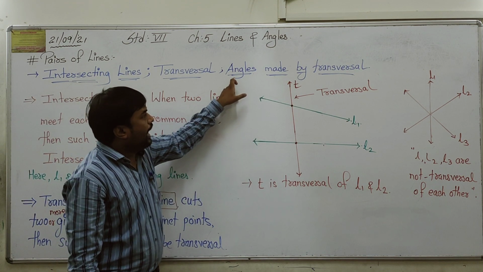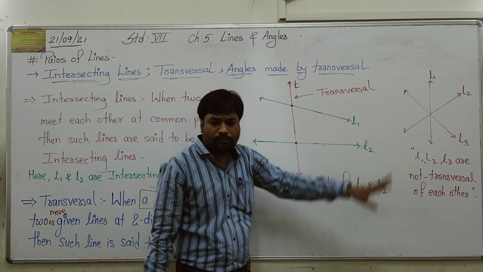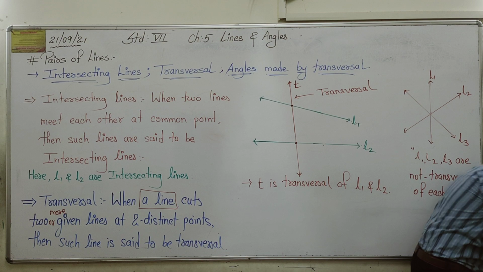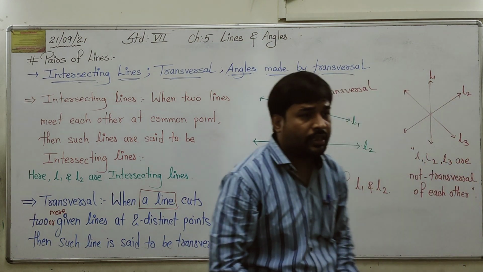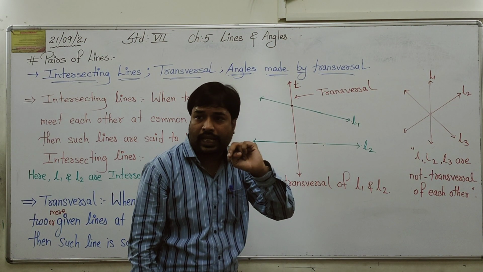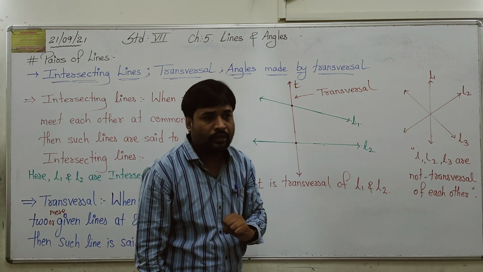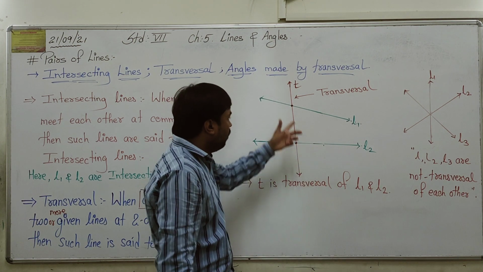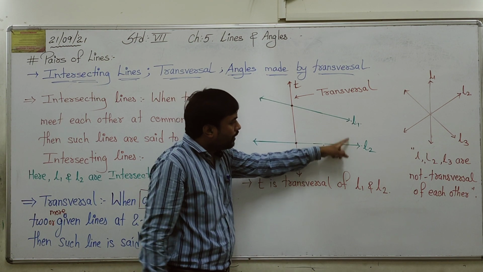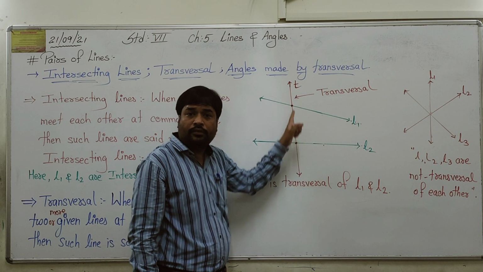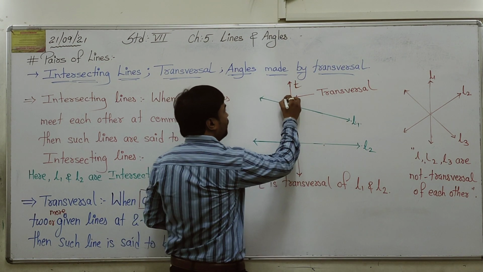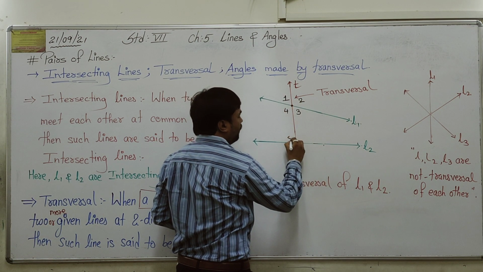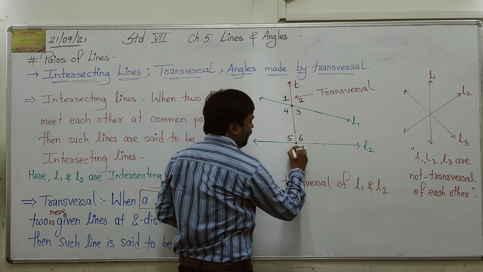Now, angles made by the transversal. How many angles can we see? When two lines intersect each other, there were four angles. Sorry, here there are two lines and one transversal. So how many angles are there? 1, 2, 3, 4, 5, 6, 7, 8.